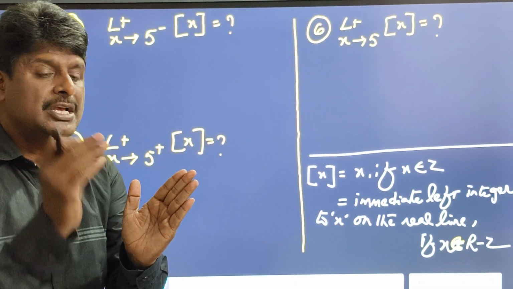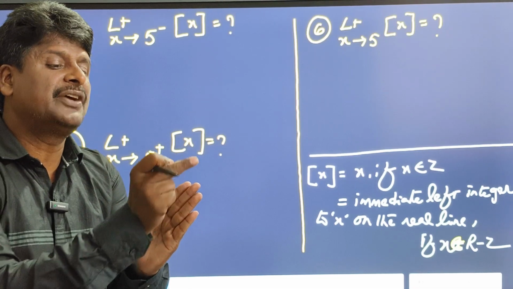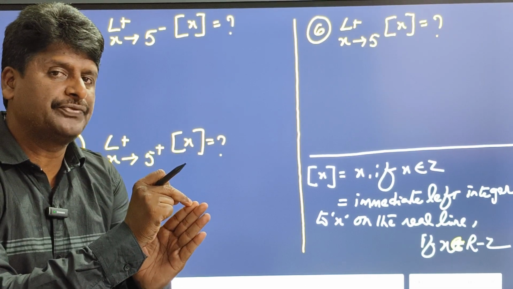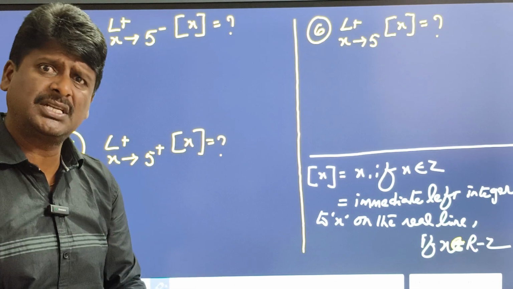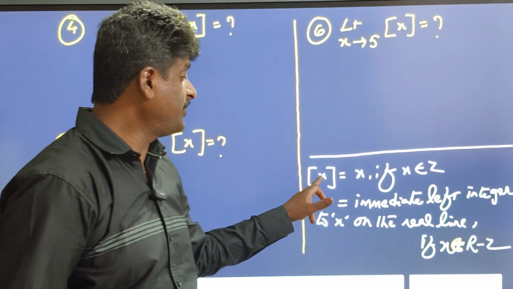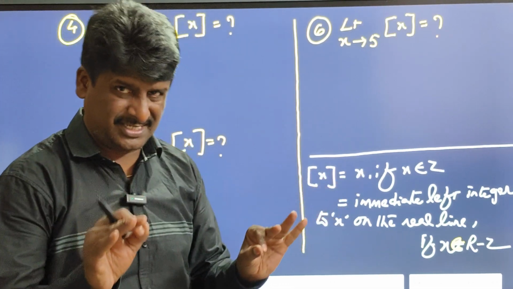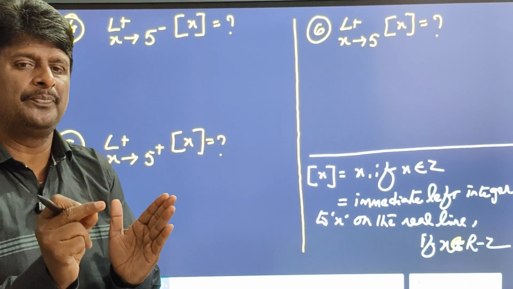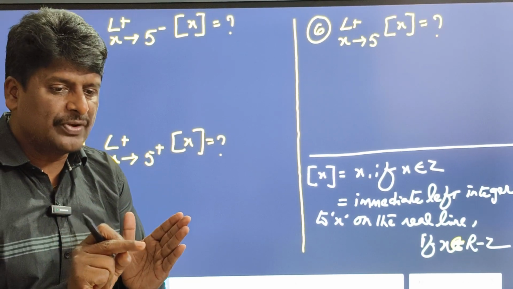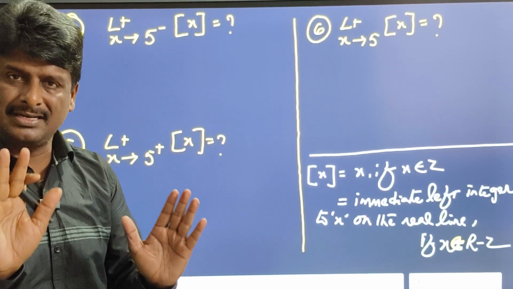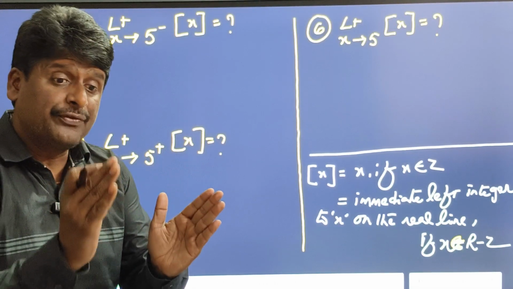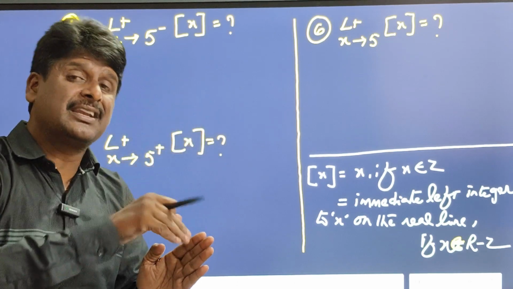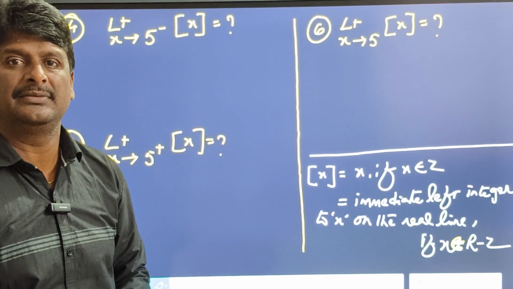What is the immediate left side integer of 10.5 on the real line? It is 10. So step of 10.5 will be 10. Step of 10.9 also: don't think that it is very close to 11, so the answer is 11. Even for 10.9, the immediate left side integer is 10 only.